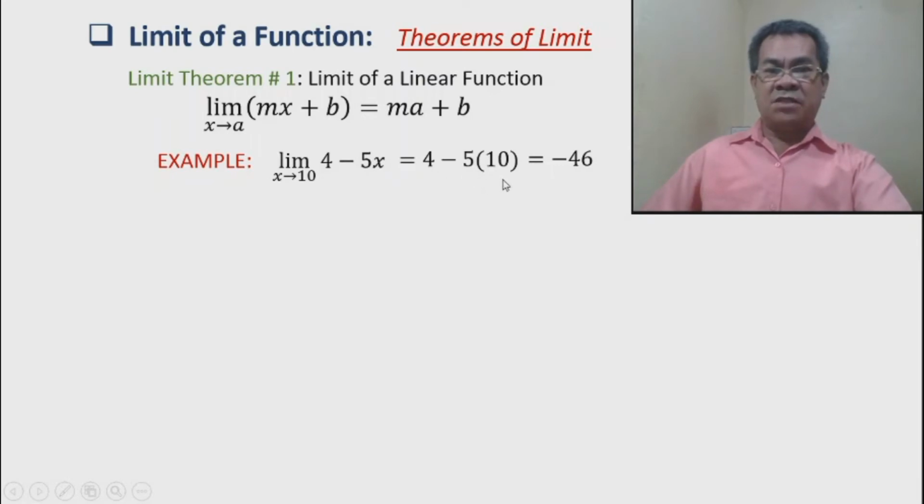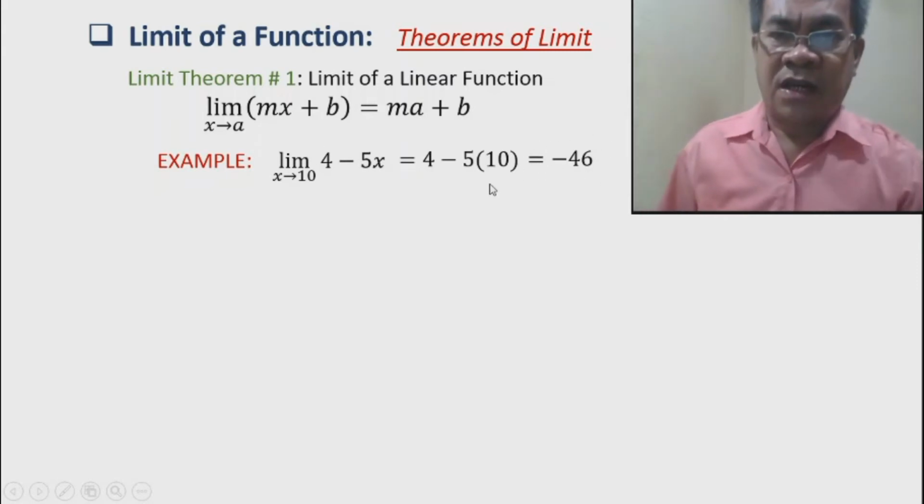But remember, this process is different from evaluating the function because we are evaluating the limit of that function. The word limit signifies that we are not using exactly 10 here, but approximately 10, meaning it can be 9.9999 or 10.0001. So it comes up with negative 46. Actually, this is not exactly negative 46, but it is very close to this number. Because we have the word limit, we are not allowed to use the sign of equality.